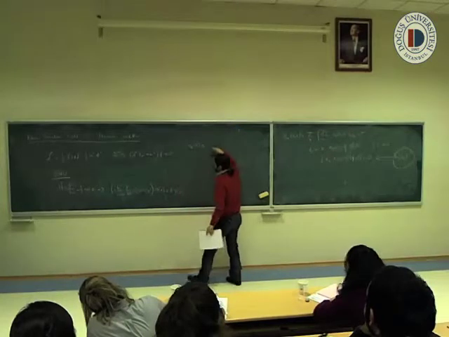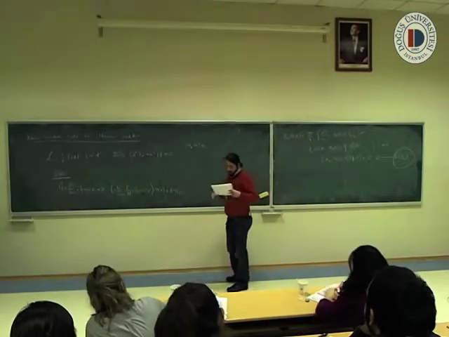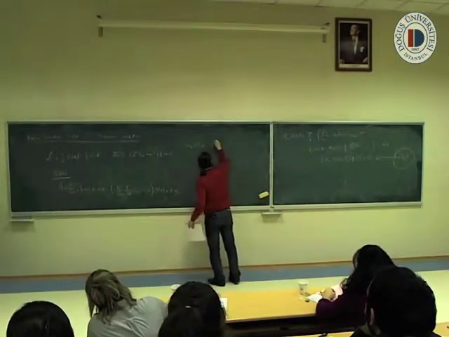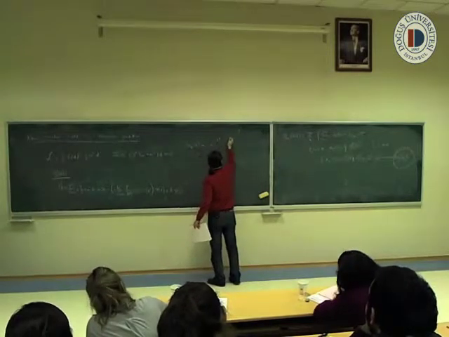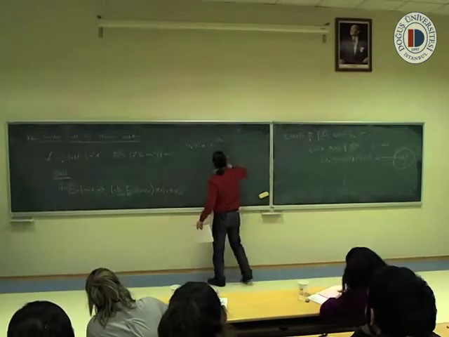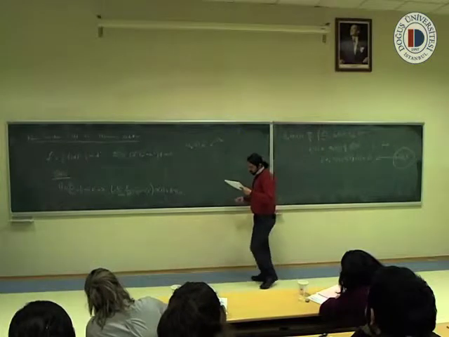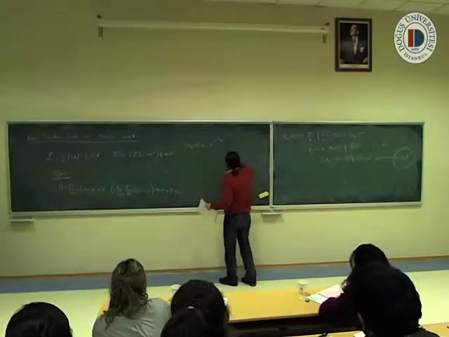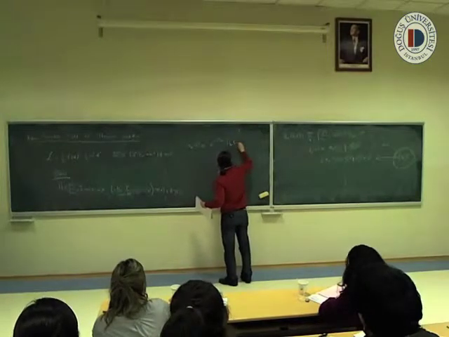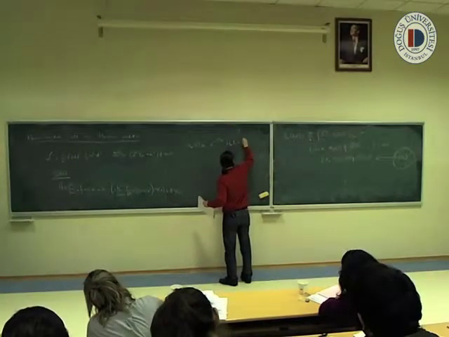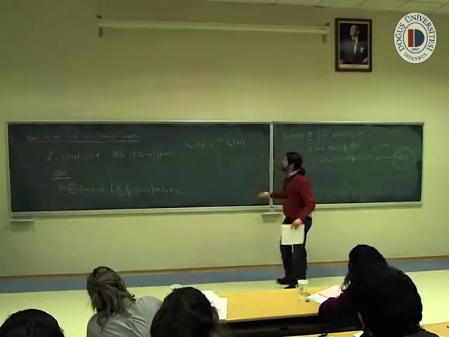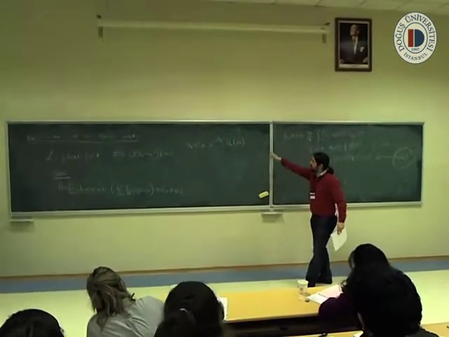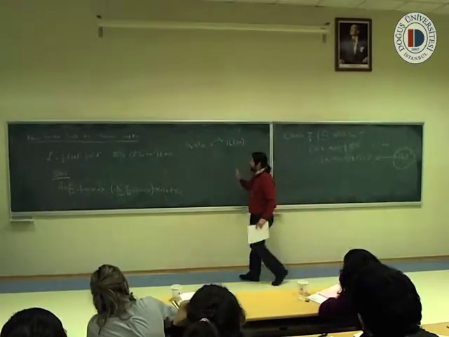You have a normalization to make your states properly normalized. Then you have a Gaussian term, because there's a constant alpha which is related to omega, m and h bar. Then you have polynomials, with constants depending on the parameters, times x.